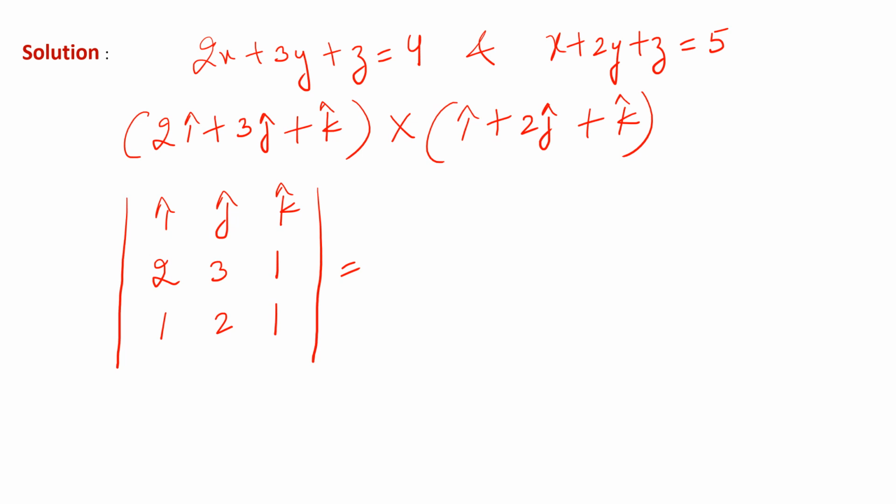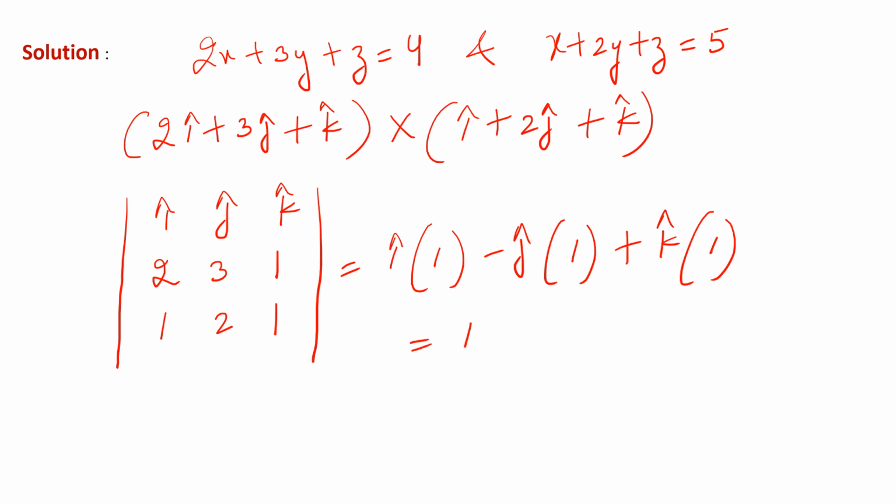Now students, let's find the value of this determinant. It comes as i into inside the bracket 1, then minus j into inside the bracket 1, plus k into inside the bracket it is 4 minus 3, again 1. So this is i minus j plus k. Or I can say that the direction ratios of the line L1 are 1 is to minus 1 is to 1.